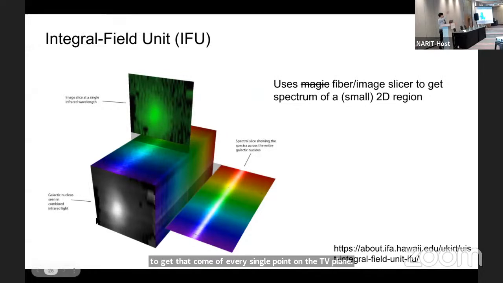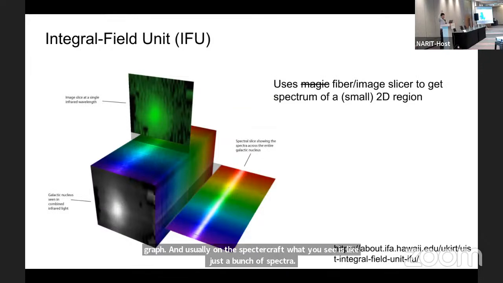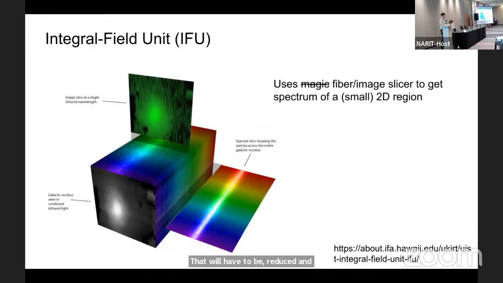Usually this is done using some sort of focal plane unit that does all the magic of slicing up the light, and then it passes on to a more traditional spectrograph. On the spectrograph, what you see is just a bunch of spectra that will have to be reduced and processed and then put back into a so-called cube data representation.